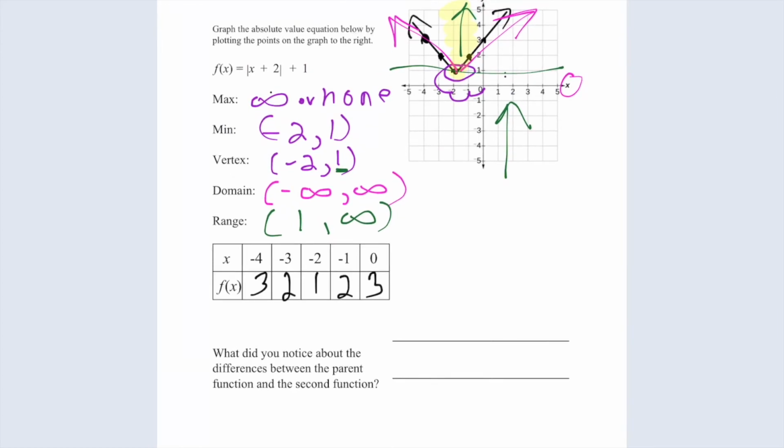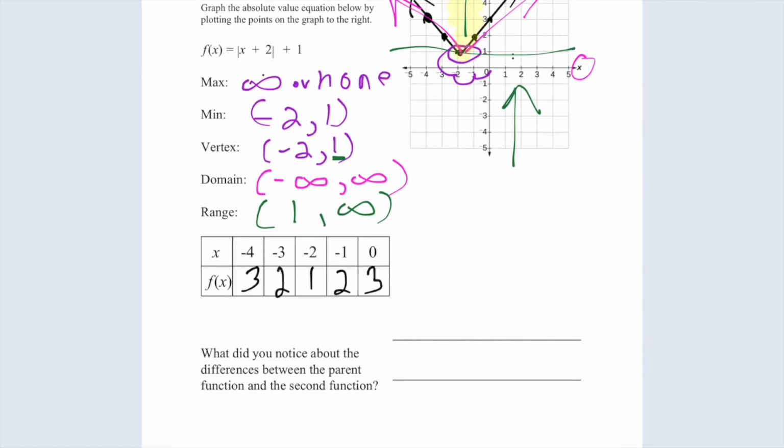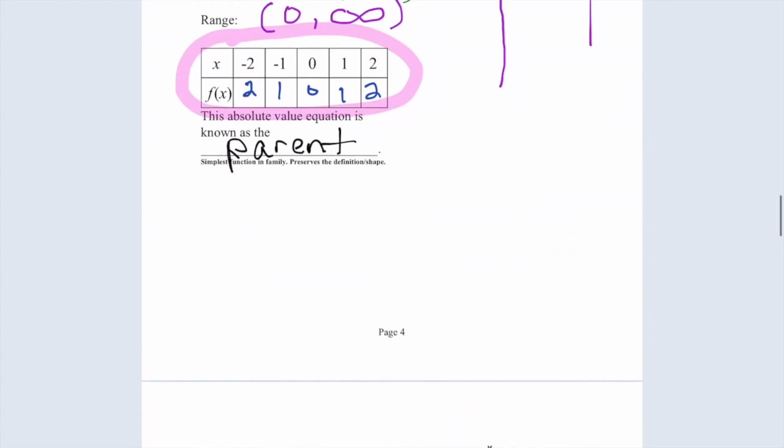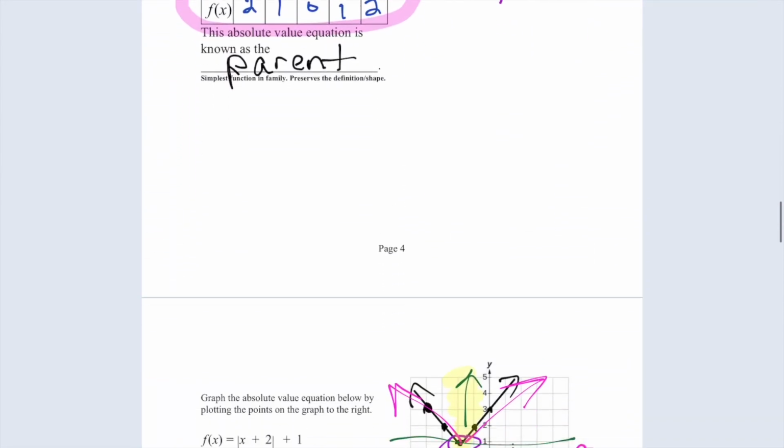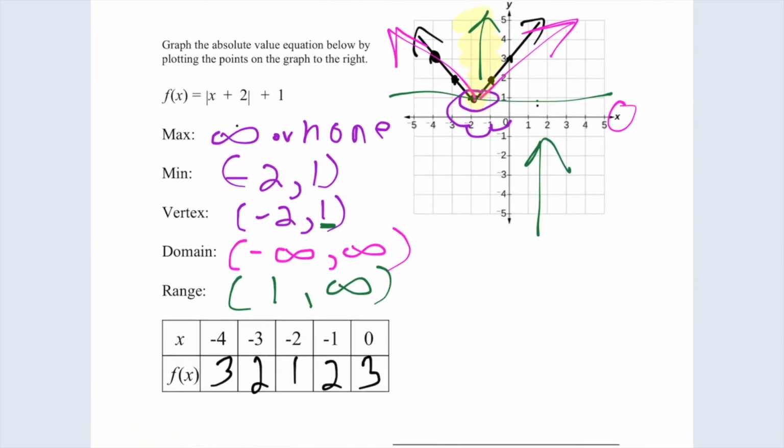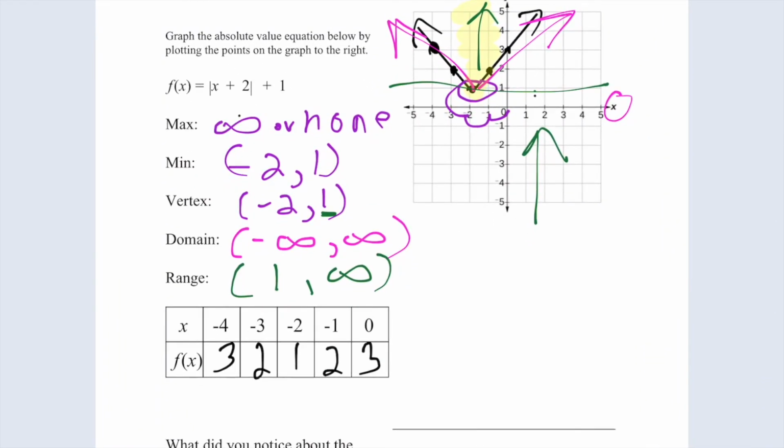So taking a look at this, what did we notice about the differences between the parent function and the second function? Well, if you look at the parent function, we're at the origin. And if you look at the second function, we're left 2 and up 1 from the origin. Left 2 and up 1 is what I notice about the differences between the parent function and this function.